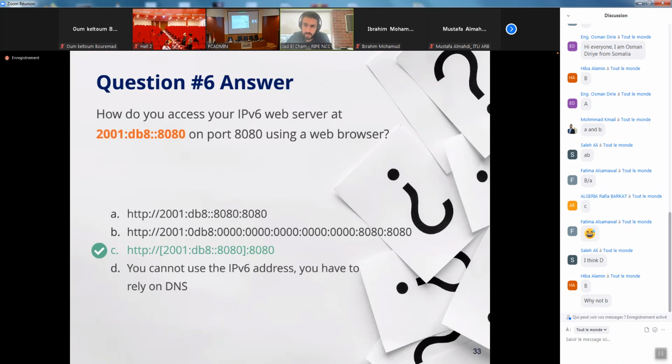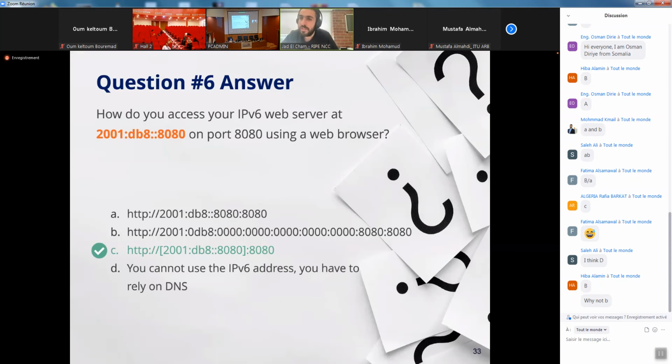The web browser, the machine, the computer is not as smart as you think. So the browser will do exactly what you tell it to do. It will not do what you think it will do. So if you're writing option B, how would the browser know that you really want to access this IP address on port 8080 and, for example, maybe you just miswrote the IPv6 address?